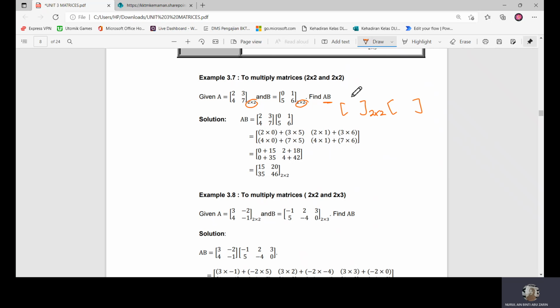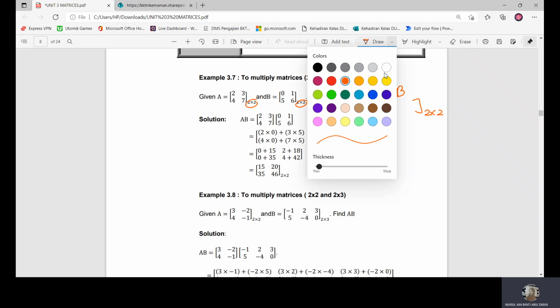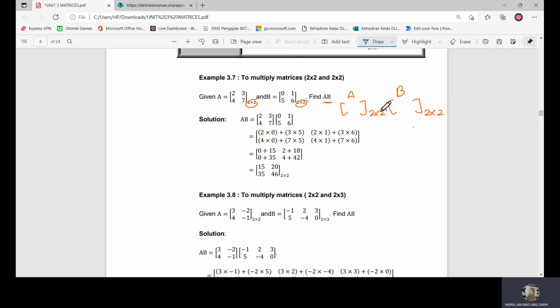Here they are 2 by 2 and 2 by 2, so your final answer will be 2 by 2.